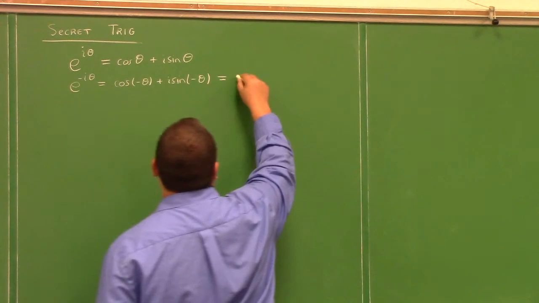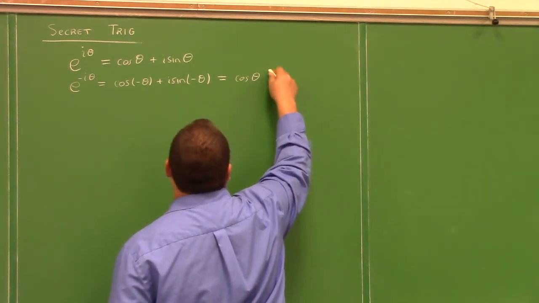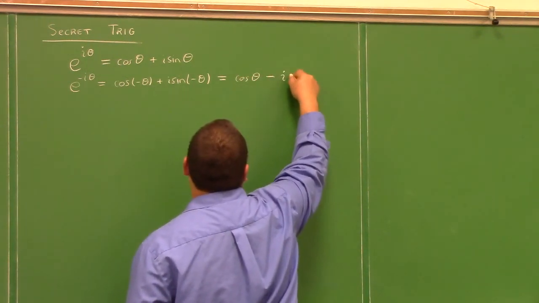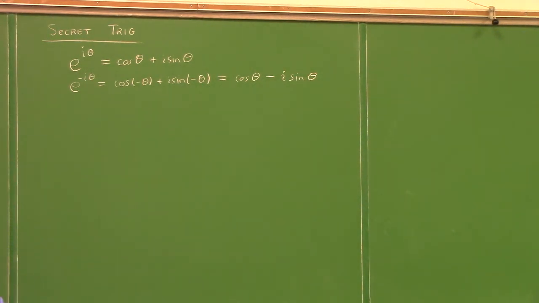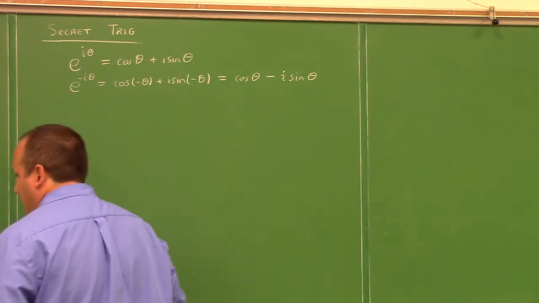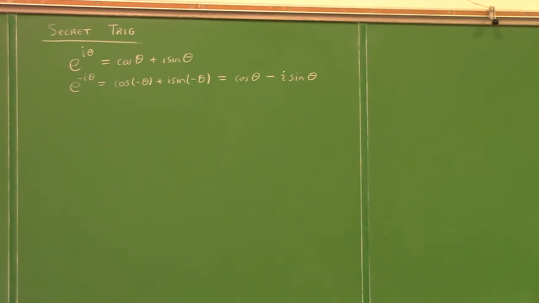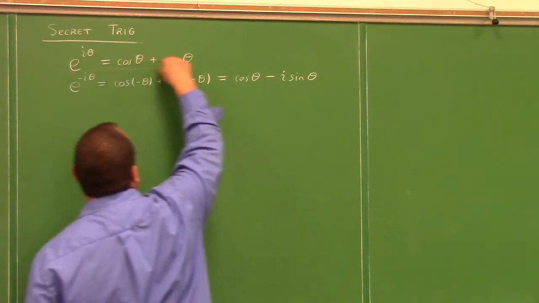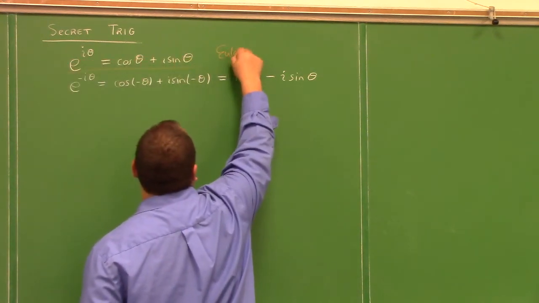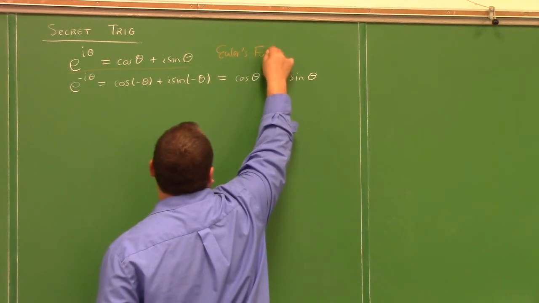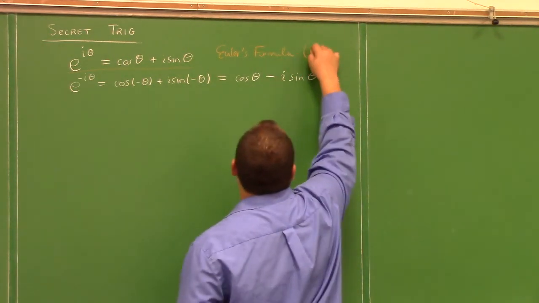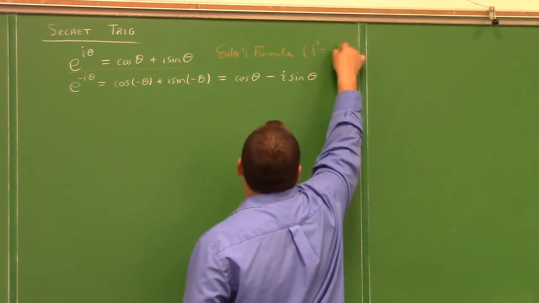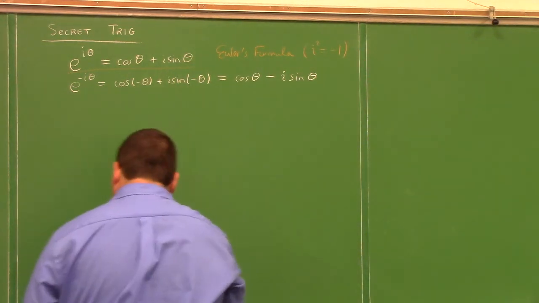So cosine of minus theta is cosine theta, and sine of minus theta is minus sine theta. Right? So if you look at what I have then, and again, this is a formula called Euler's formula. And here i squared is minus 1. This is a complex formula.